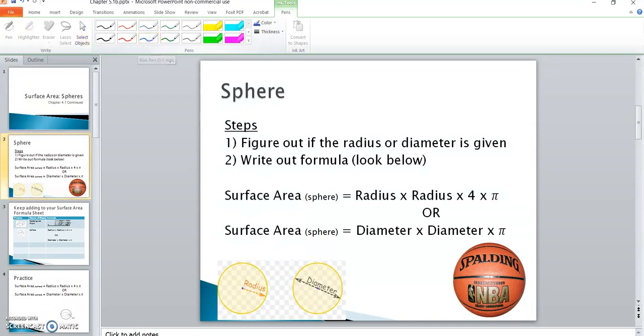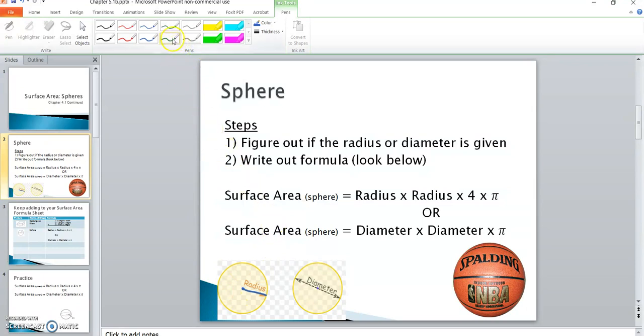So the very first step that I want to teach you guys is about the radius and diameter. Those may or may not be some words that you've heard before, but I want to draw your attention down here. The word radius means that you draw a line from the very center of the circle out to the outside of the circle.